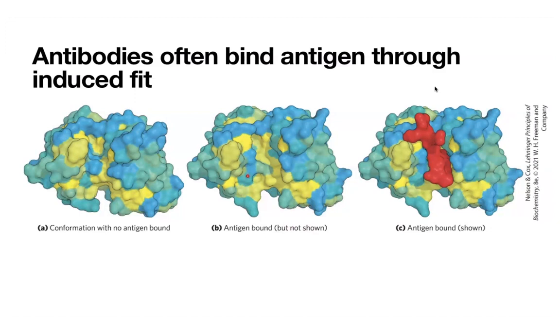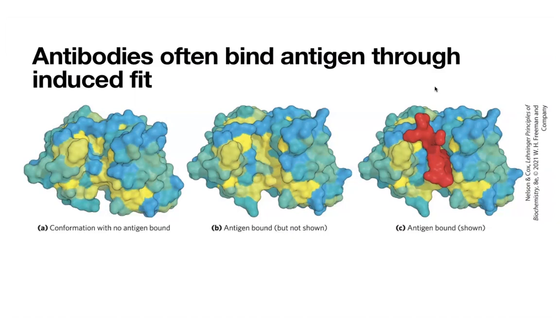In the center, they're not showing the antigen, but on the right, they are showing the antigen. So they're showing the antigen binding pocket after the binding event and before the binding event. What can we notice is different? Yeah, it opens up more and exposes more of that hydrophobic surface.